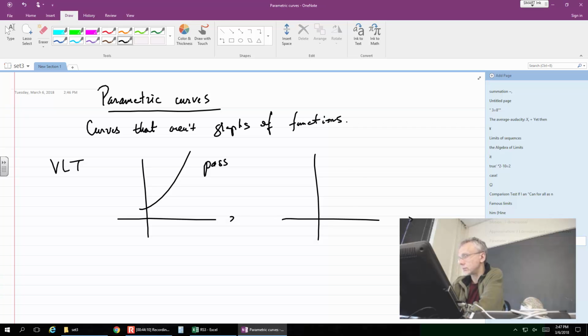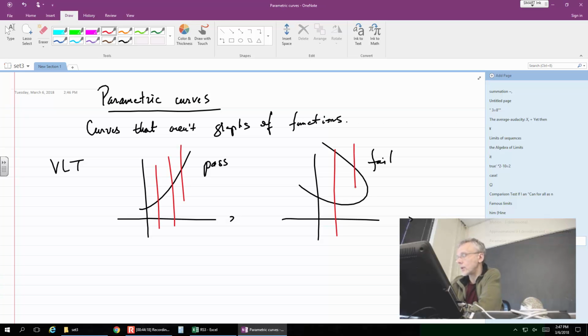Fail. Every vertical line has 1 intersection, and this one it has 2 possibly. Okay. So that's a fail. So 2 y's for 1 x. That's the failure. Okay, but we're still interested in these curves.